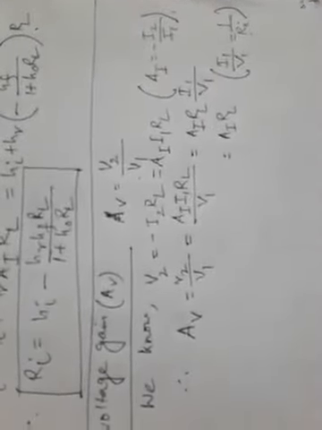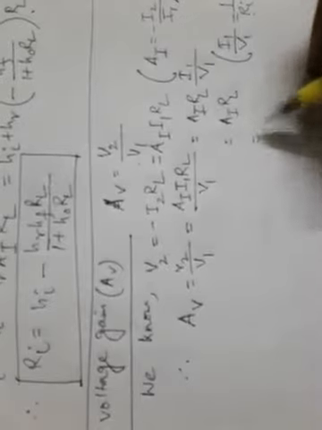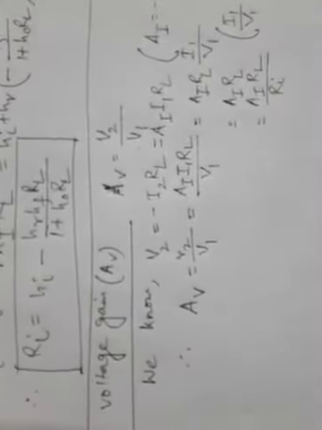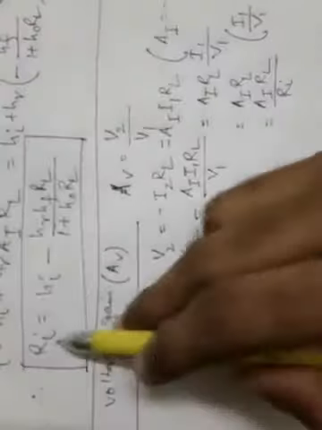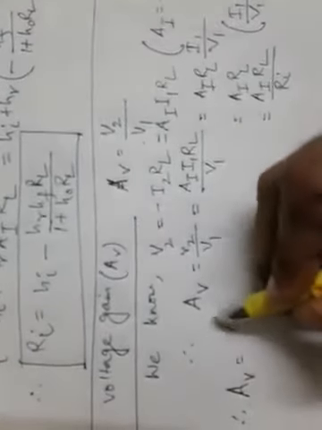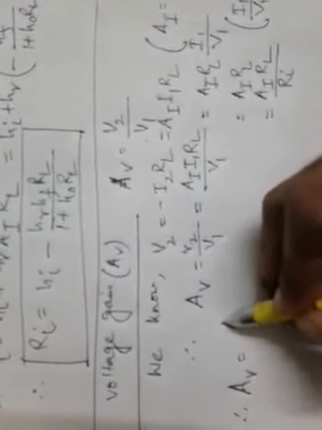So we can write this as Ai RL by Ri. Now substitute the expression of Ri from here into this. So AV equal to, and also you can substitute here the value of Ai.